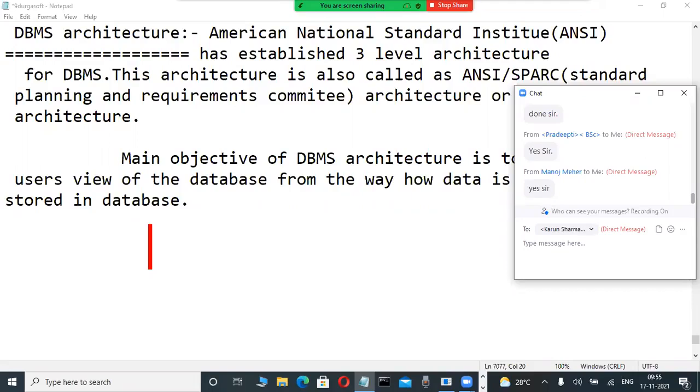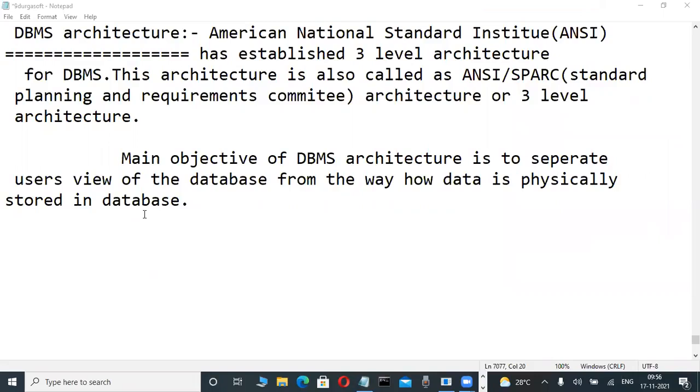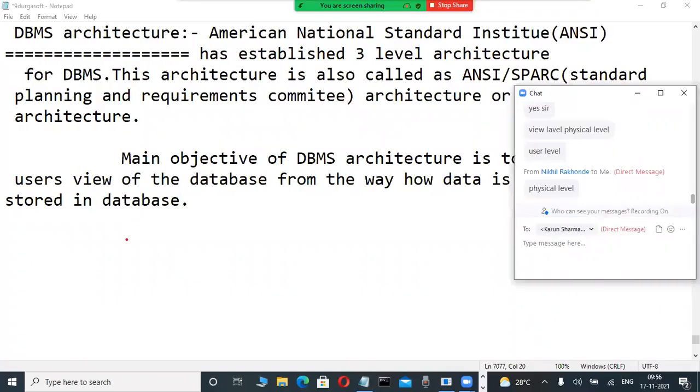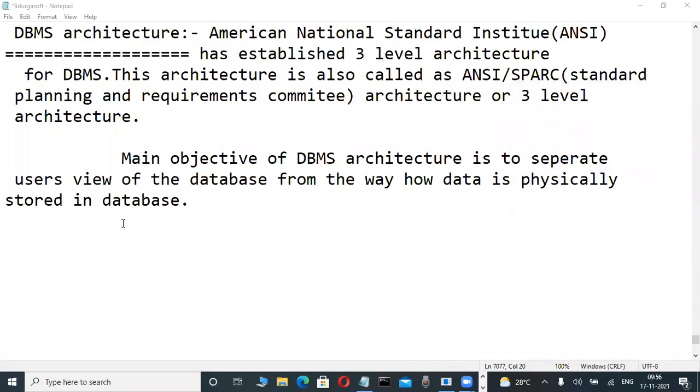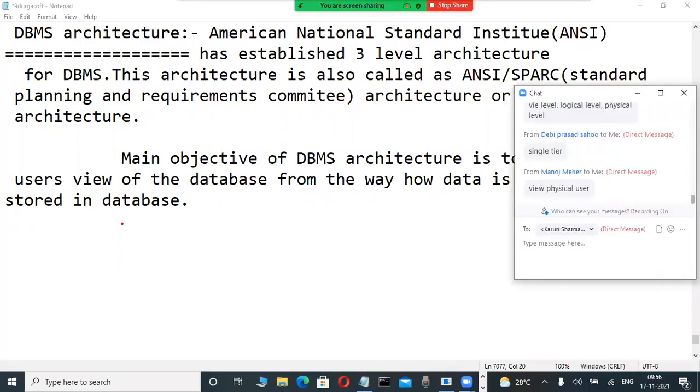One fellow is saying the physical level. Yes, correct. Now the remaining names.